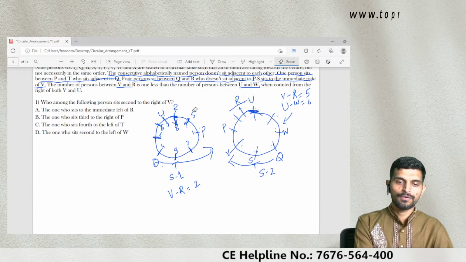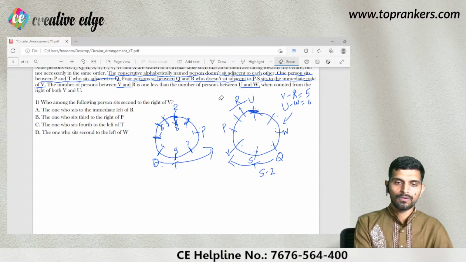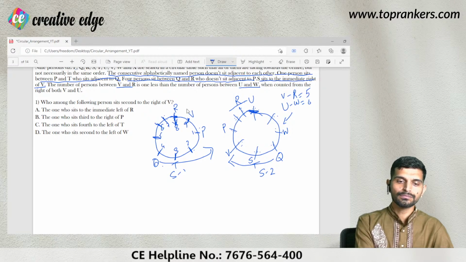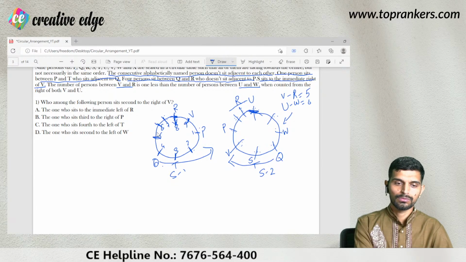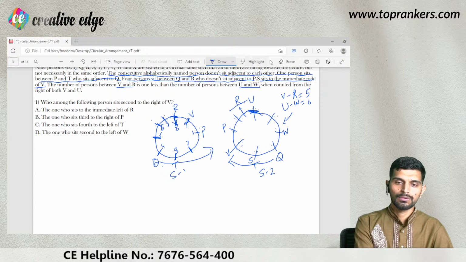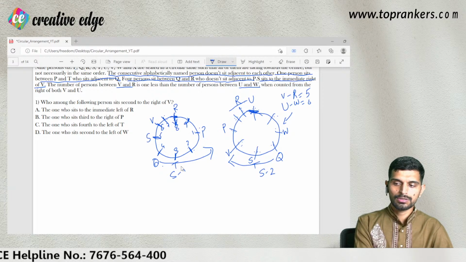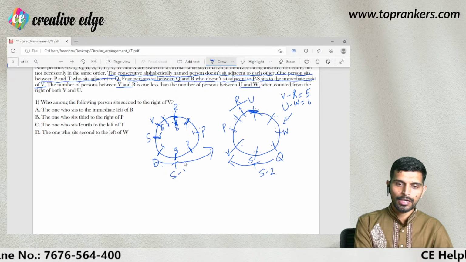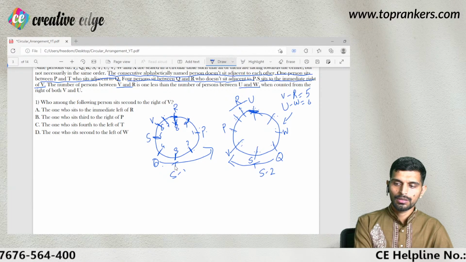I cannot even place V here. I have to place V here. If V is here, this is S, this is Q, this is V, S, Q, T, and P. We can interchange this P and T, right?